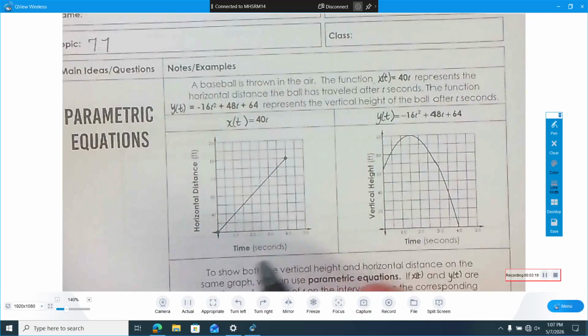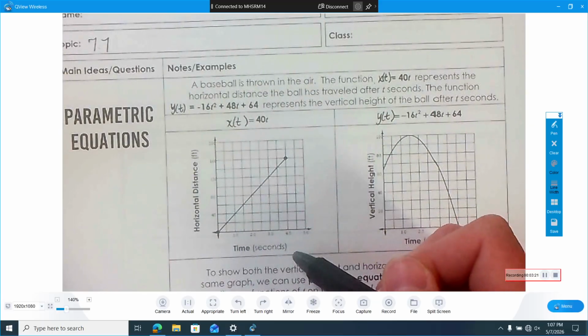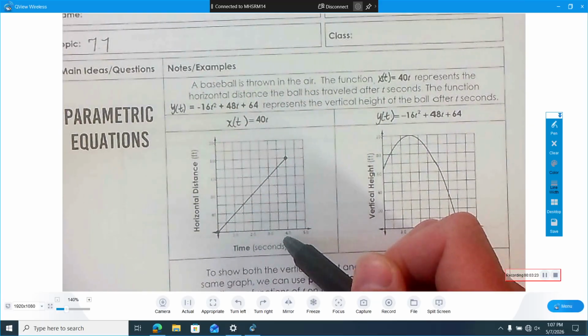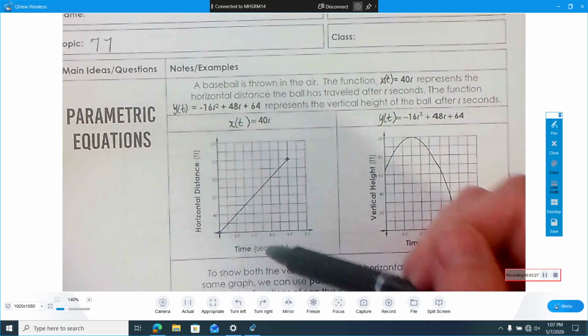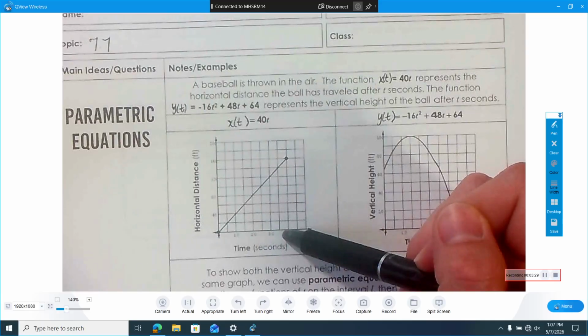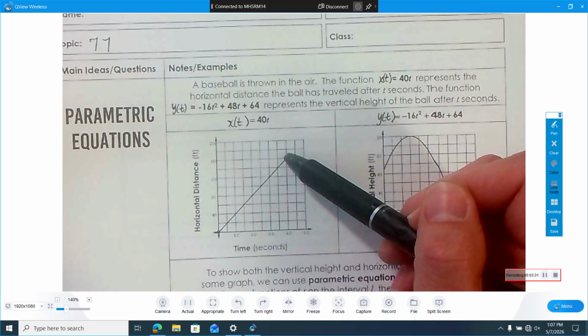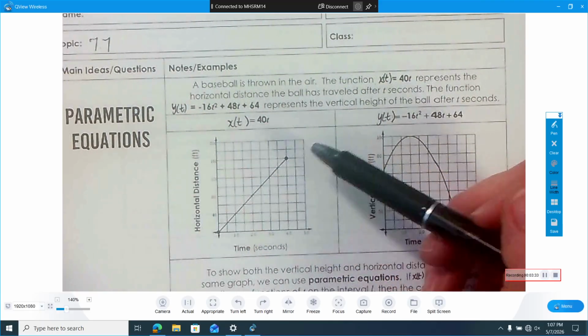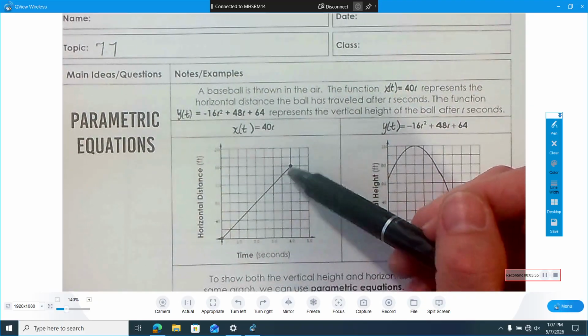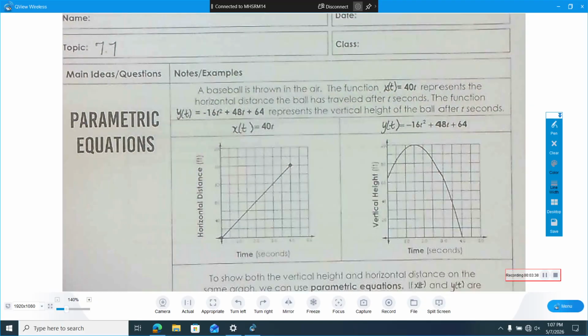And then after a very long time, 4 seconds, that's a long time to throw a baseball, I'm sorry, but after 4 seconds, evidently, that ball is 160 feet horizontally away, way over there. And so that's what that's showing.